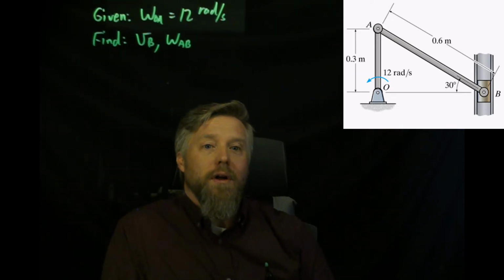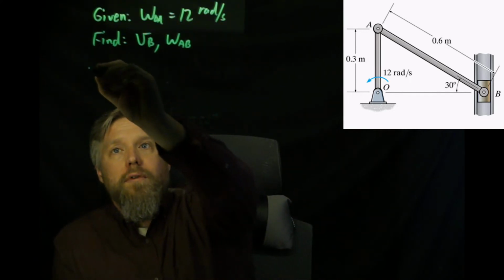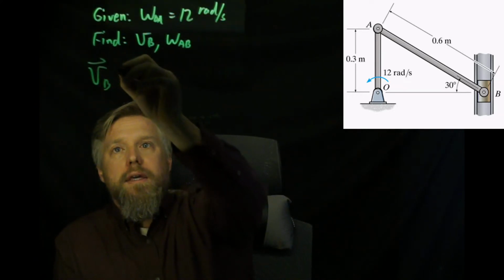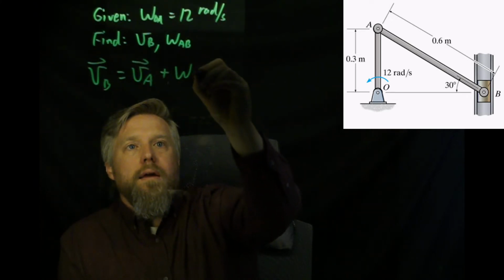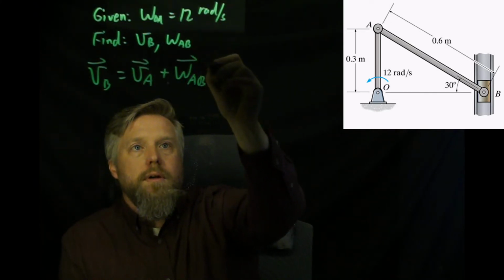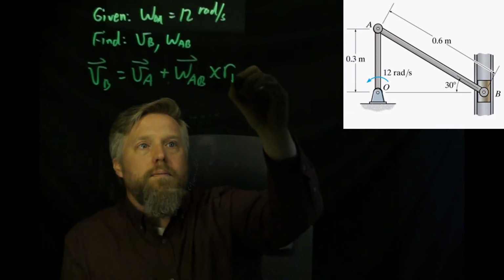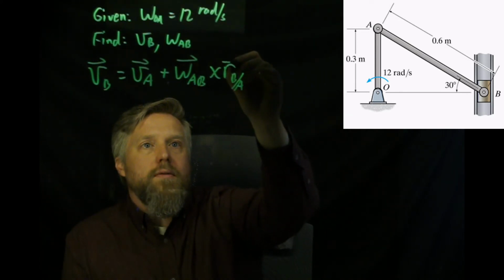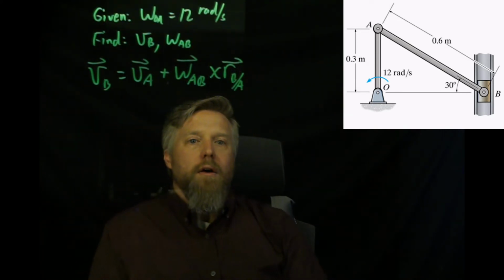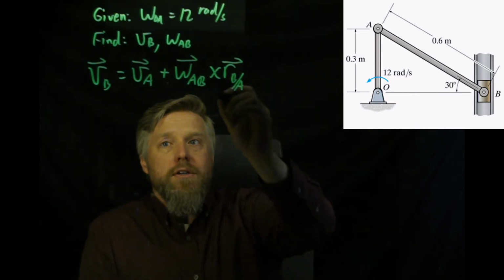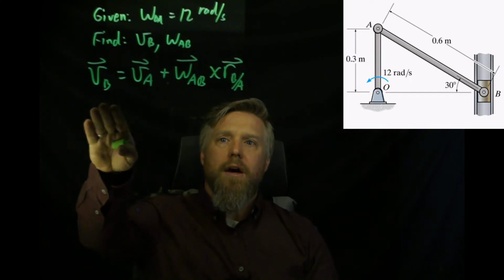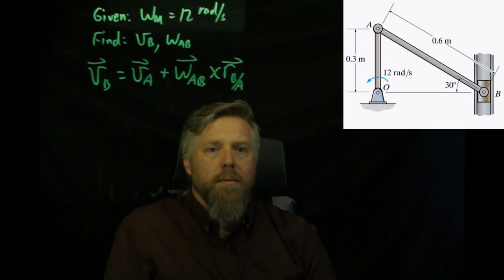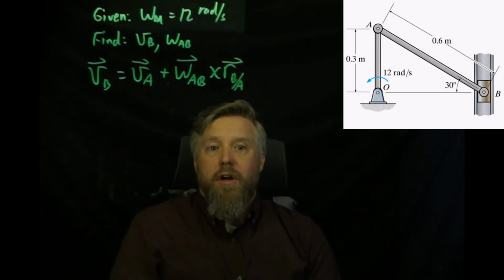How? Using relative motion, right? Velocity of B is going to be equal to the velocity of A plus omega AB crossed with the position of B with respect to A. And of course, I'm making sure I have my omega labeled properly and my pseudo-canceling works with the subscripts. Okay? So that's going to be my governing equation for this problem. So let's start trying to fill it out.